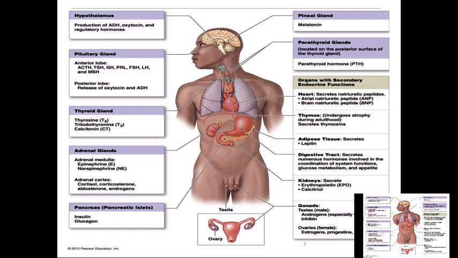The liver produces angiotensinogen. And angiotensinogen is inactive. It's got to be activated to angiotensin 1, which gets converted into angiotensin 2. And the lungs are involved in that conversion from angiotensin 1 into angiotensin 2.